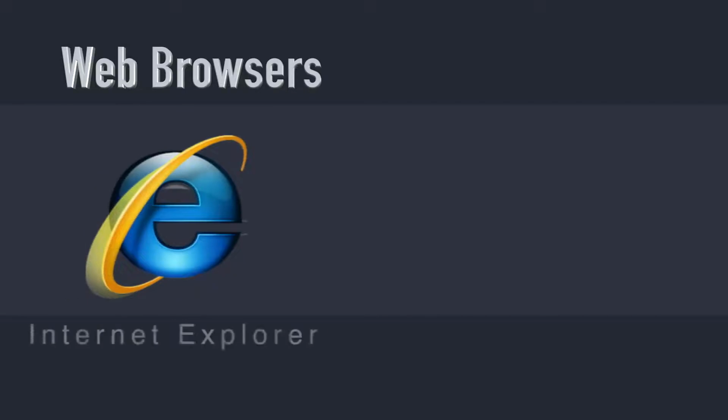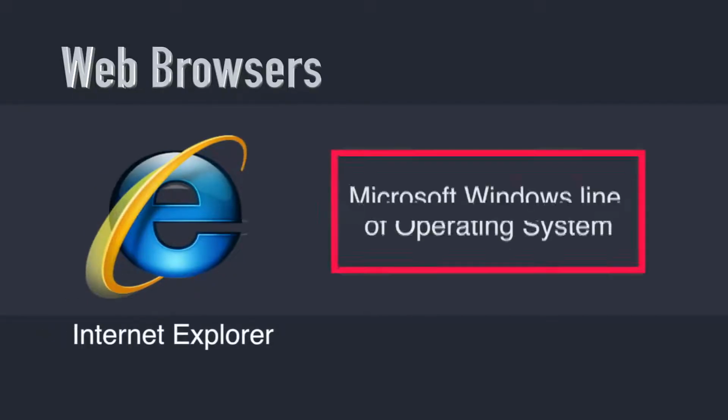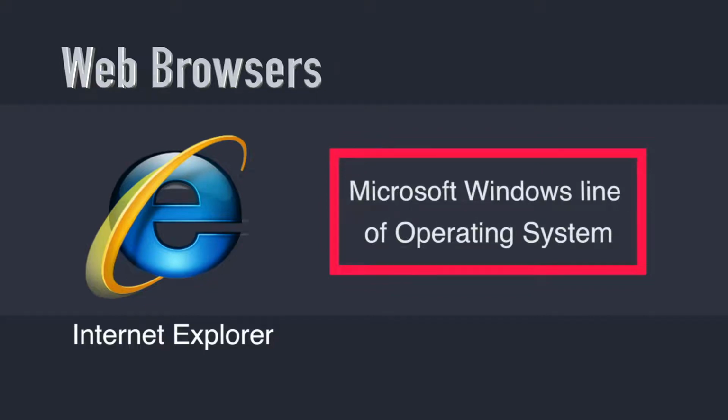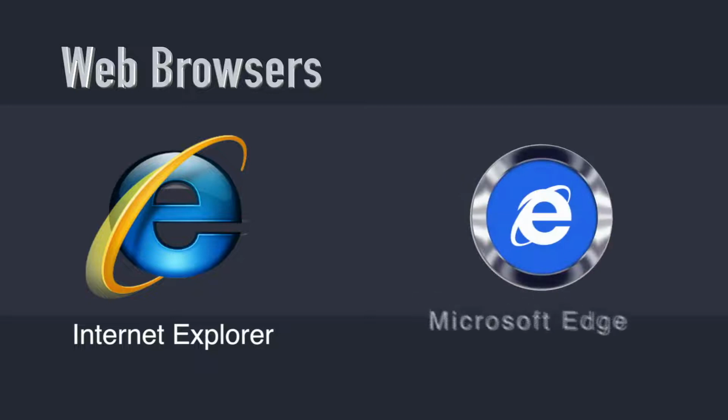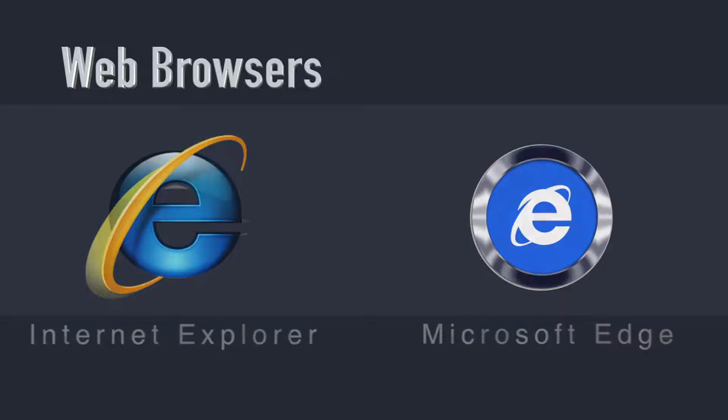The next browser that comes to mind is Internet Explorer from the era of Windows 95, 98 and onwards. It was the most popular browser till some time ago, and now Microsoft has rolled out a new browser named Edge. So when you buy a laptop which has Windows installed, you get both browsers pre-installed.